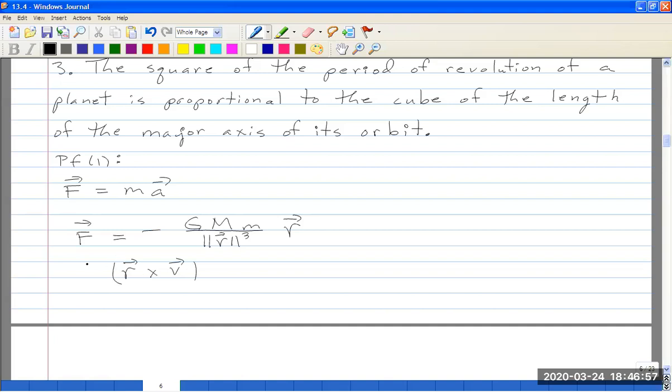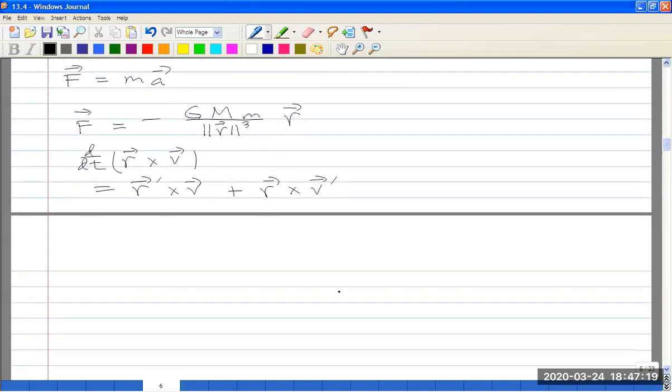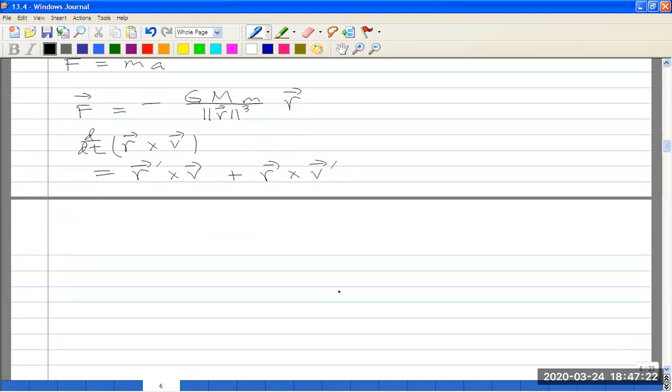Let's take the derivative of this with respect to t. And so I get r prime cross v plus r cross v prime, just using the product rule, or the analogous Leibniz rule for the vector product.